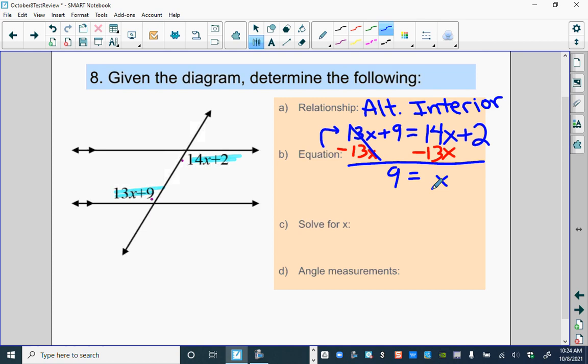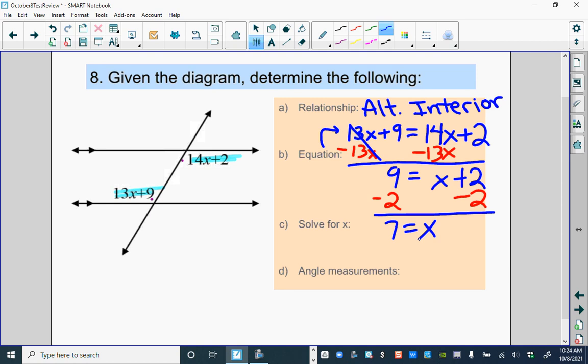And we just need the x, that's all. And then plus 2. And subtract 2 from both sides. 9 minus 2 is 7. All right, so we have 7 equals x. Very good.